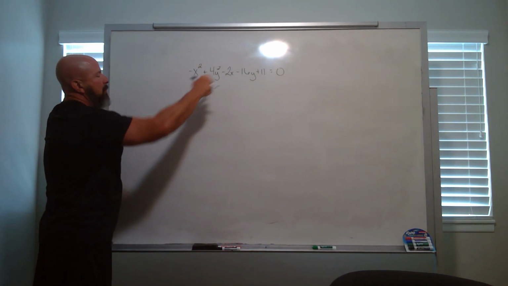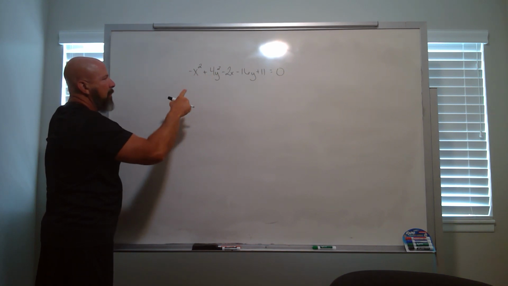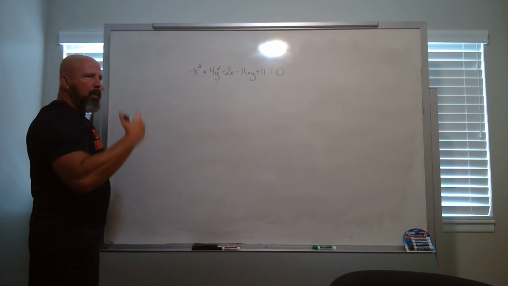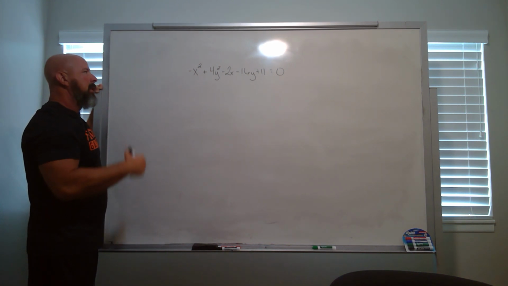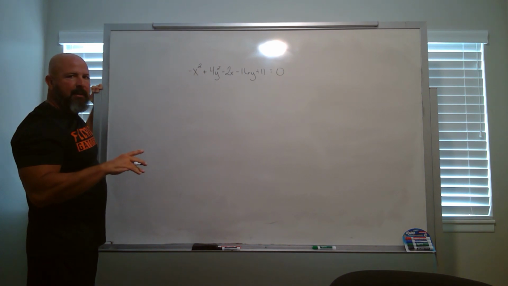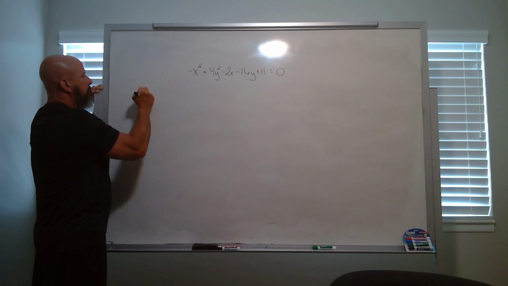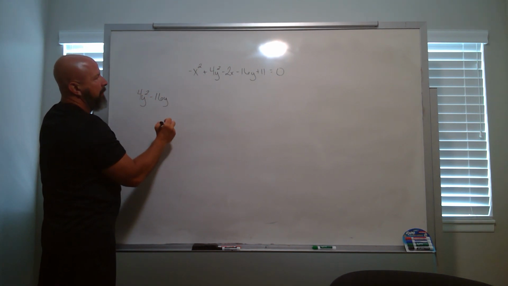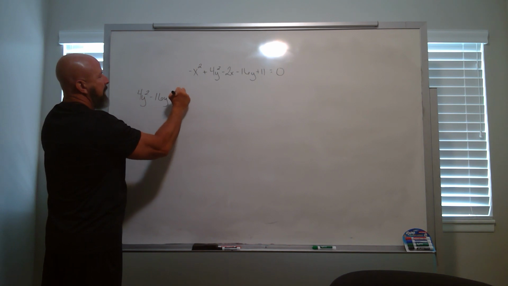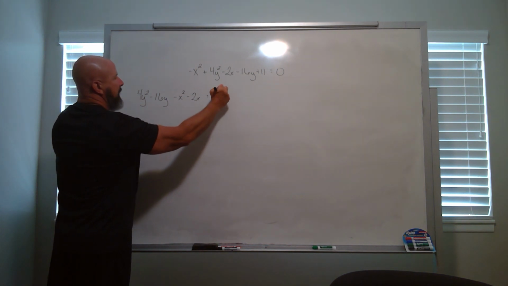Oftentimes, when we write a general form, we always have x first. But I need to remember that in a hyperbola, it's the first one squared minus the second one squared. x could be first, or y could be first. So in this case, I want to rewrite this as 4y squared minus 16y minus x squared minus 2x equals negative 11.